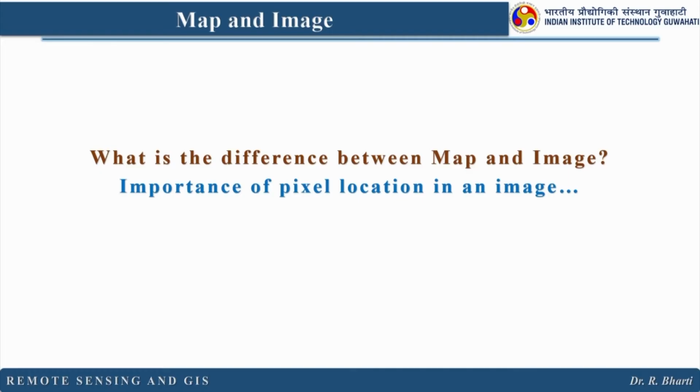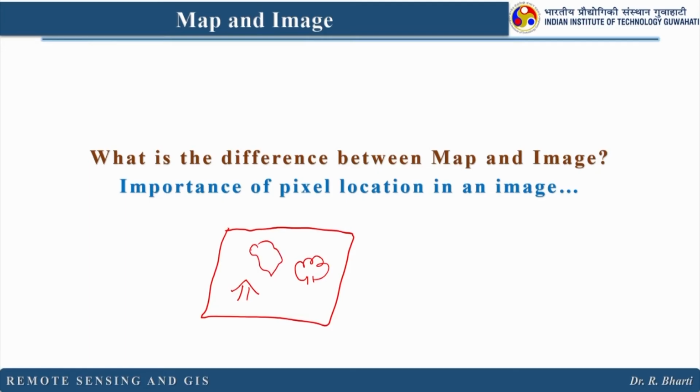So you might have seen a normal image where there is a tree, a house and some water bodies, right, which is the actual representation of the ground. But what happens if there is a problem?